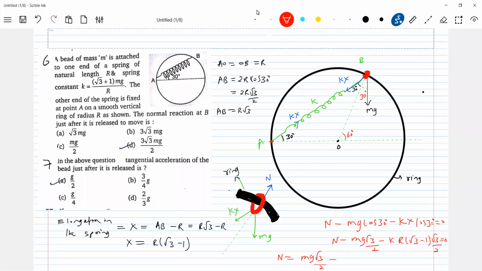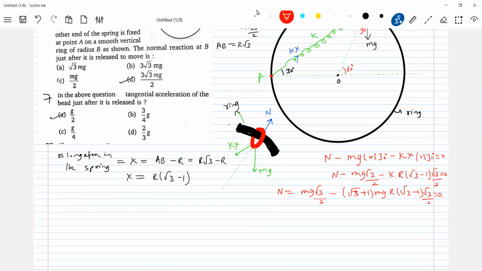The value of k is given, no? Root 3 plus... all set equal to 0. And this should be plus here.